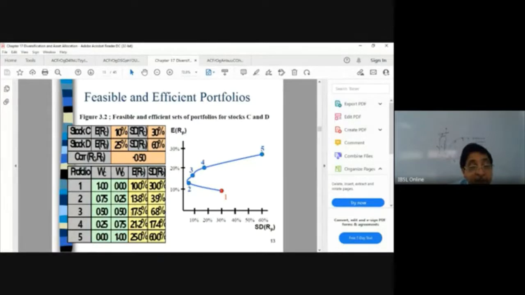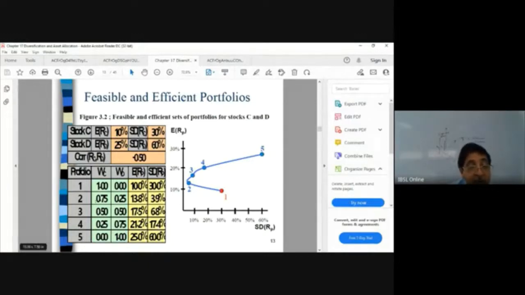There the expected return is 17.5 and the standard deviation is 6.8. Number 4 has 0.25 or 25% of C and 75% of D. There the expected return is 21.2% and the standard deviation is 17.4%.